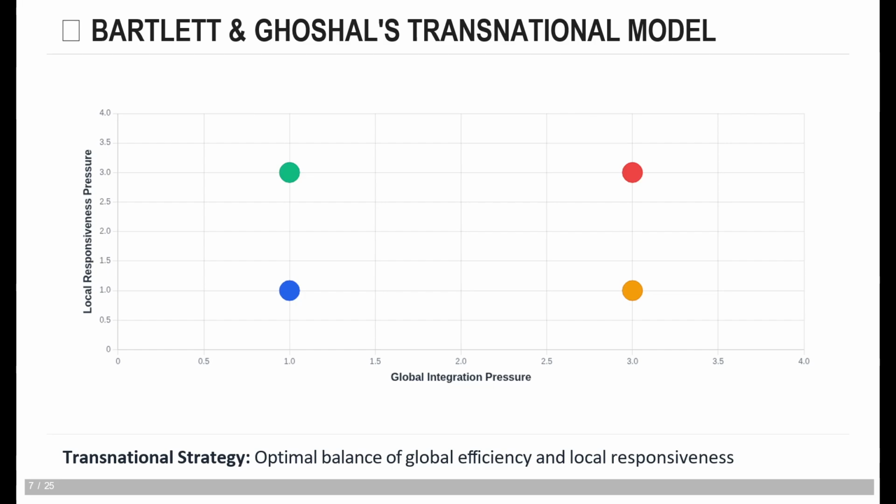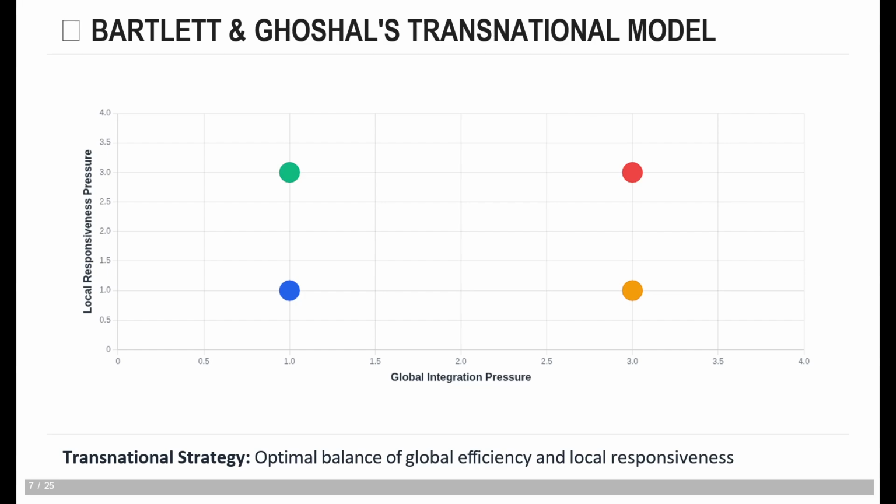For strategic options, we have the global strategy, high integration, low responsiveness. Then we have the international strategy, high integration, high responsiveness, the red one.